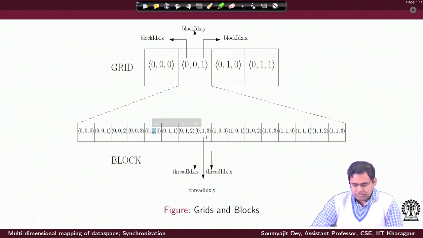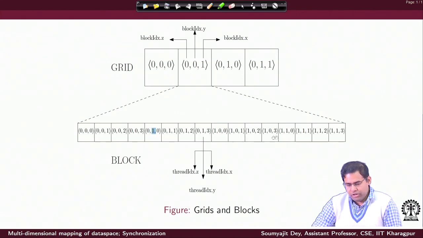And then this similar pattern would continue. It's just like counting over multiple dimensions. Instead of having 0 in the z dimension, you just start having 1 in the z dimension and repeat the scheme again.